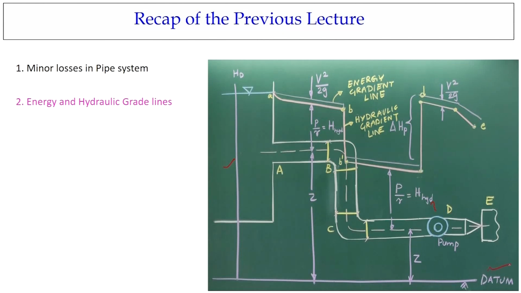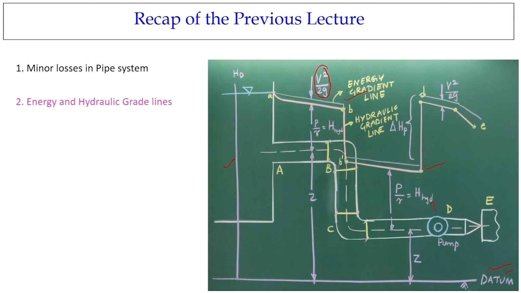So, again I repeat: first you draw a datum and you have the reservoirs, and from that reservoir you start drawing the energy gradient line and also the hydraulic gradient line. The difference between the energy gradient line and the hydraulic gradient line will be the velocity head, that is V square by 2g.